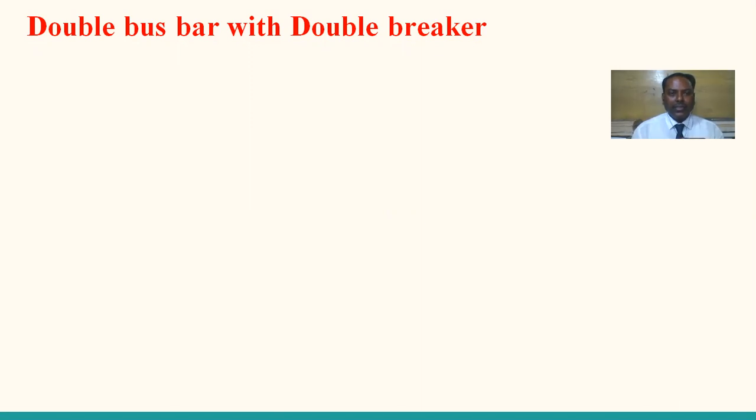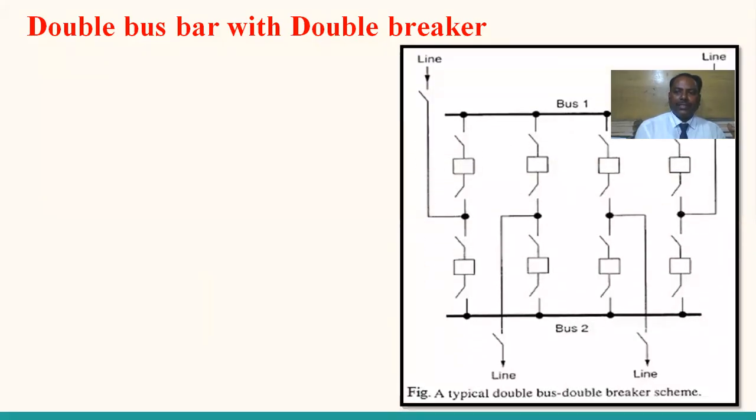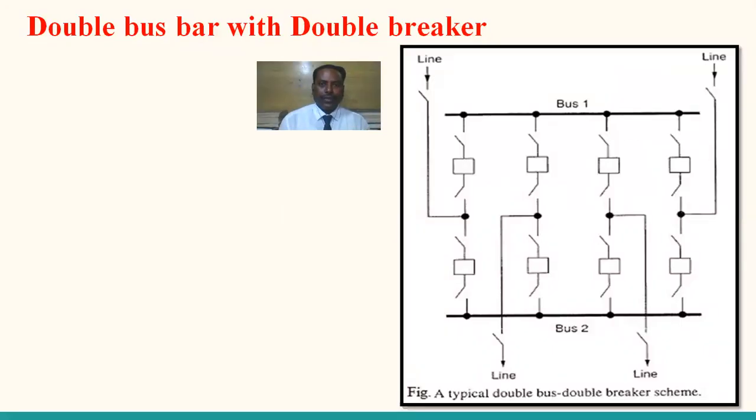In continuation with the double bus bar with single breaker, this one is the double bus bar with double breaker. See the schematic of double bus bar with the double breaker. There are two buses, and both buses are identical. The description is the same as the double bus bar with single breaker that we discussed.